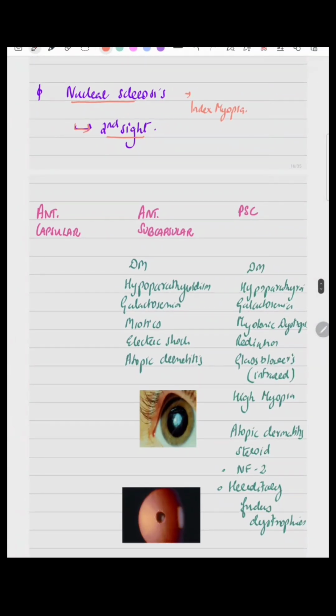Now the common causes of anterior capsular cataract include gold, chlorpromazine and Vossius ring. Anterior subcapsular cataract includes diabetes mellitus, hypoparathyroidism, galactosemia, miotics, electric shock, atopic dermatitis.